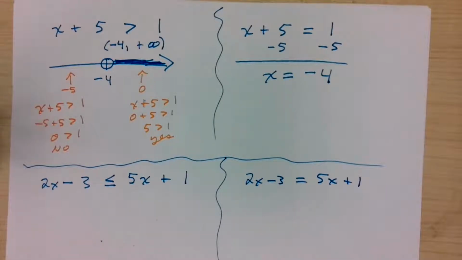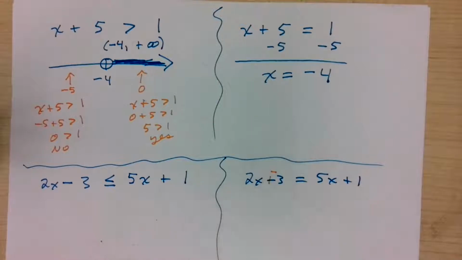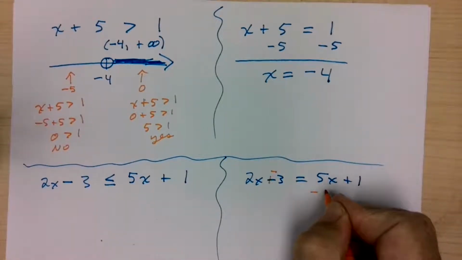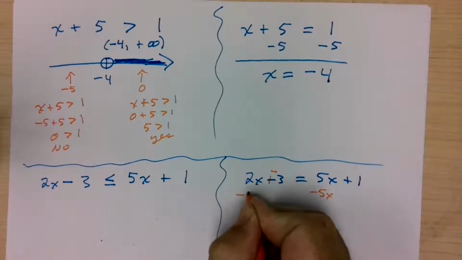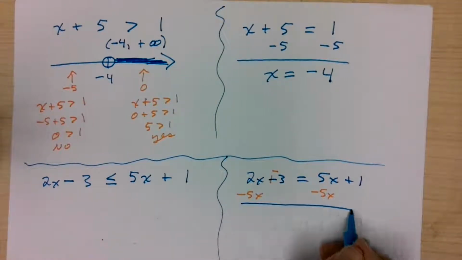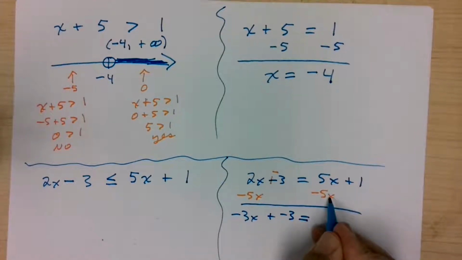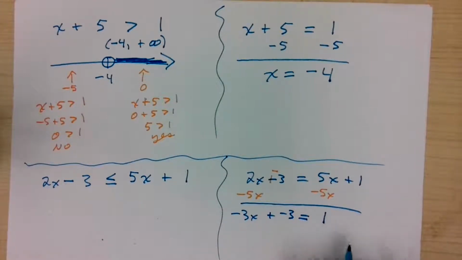Let's get all of the x's on one side. So let's subtract 5x from both sides. Subtract 5x. Subtract 5x. Now I have 2x minus 5x, negative 3x, minus 3 equals 5x minus 5x is 0, plus 1.